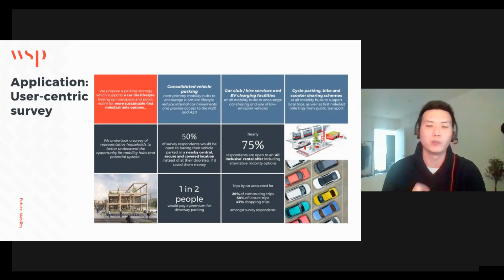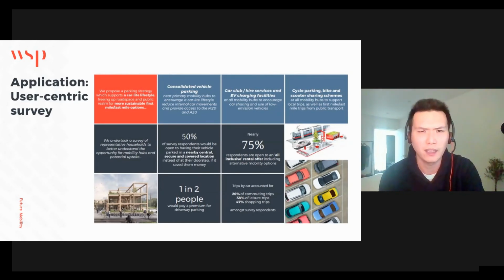So this would be mobility as a service, where you would have car clubs, e-scooters, e-bikes, and potentially even your electricity all lumped together.